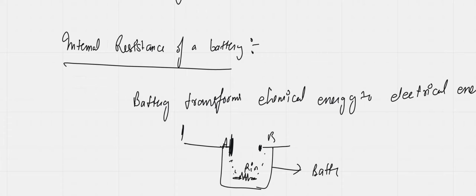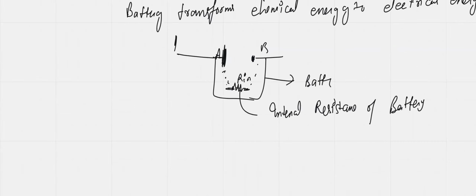So this is R internal. What does R internal mean? Internal resistance of the battery, the resistance offered by the chemical composition of the battery.